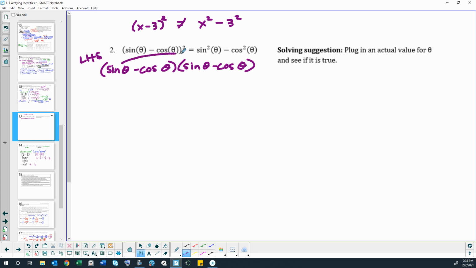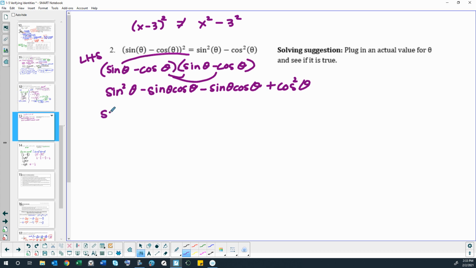And I'm going to multiply my binomials together, so that gives me sine squared theta minus sine theta cosine theta minus another sine theta cosine theta. And then finally at the end, a plus cosine squared theta.